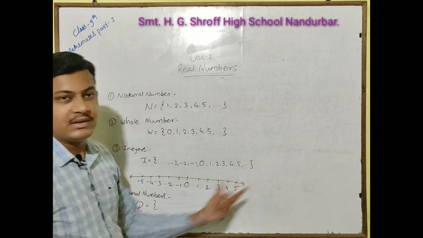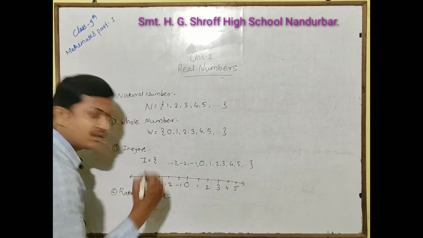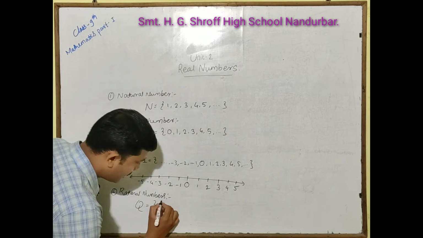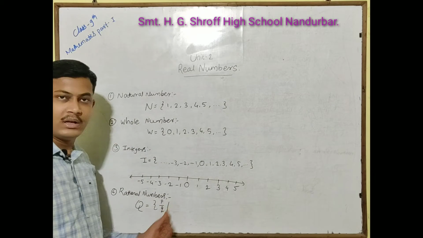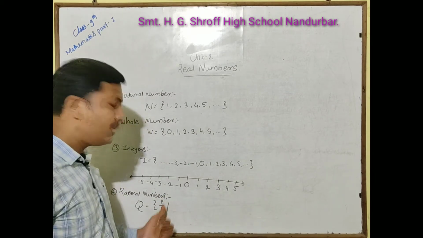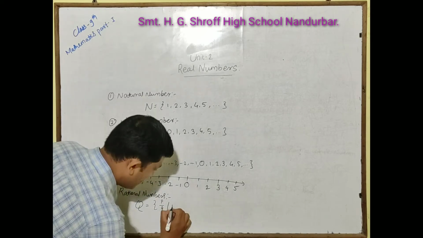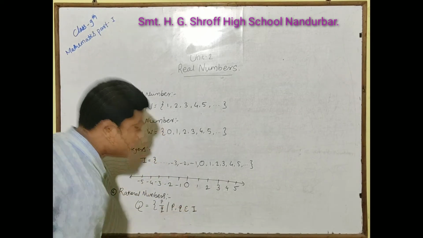The elements of the rational numbers will be in the form of a set of numbers of the form p upon q, that is numerator upon denominator. P is the numerator, q is the denominator, or simply we say p upon q, where p, q belong to the integers.